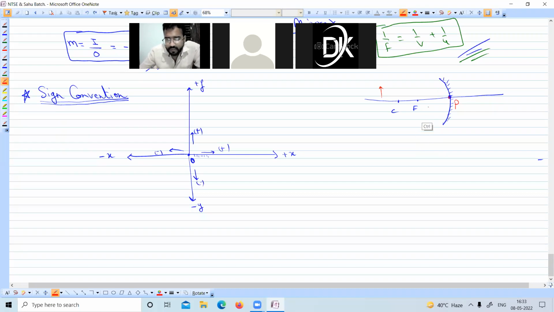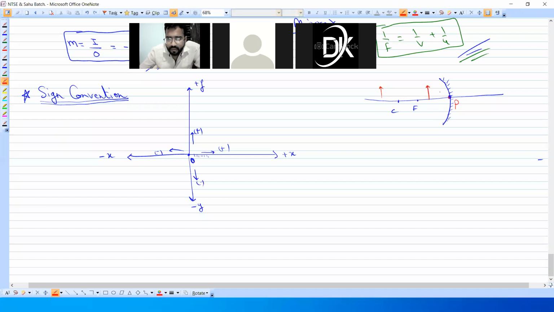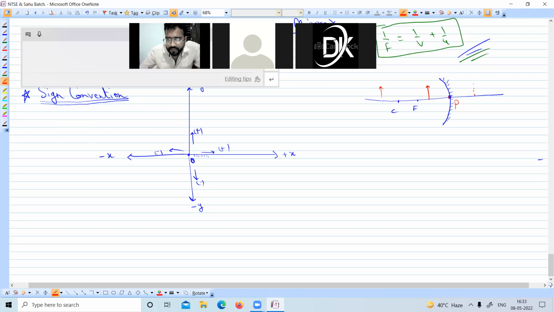But suppose your object is at this location and your image is virtually here, so for measuring v, you have to move this way. v will be positive. Is it clear? Yes or no? Okay.